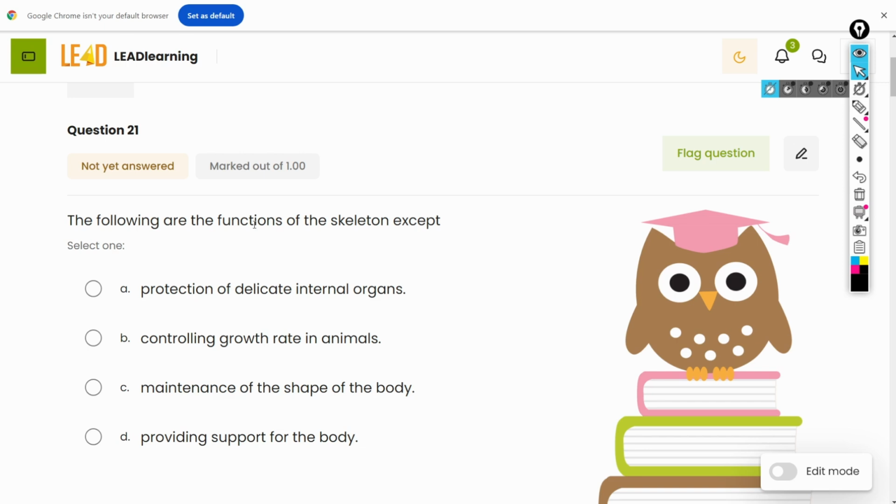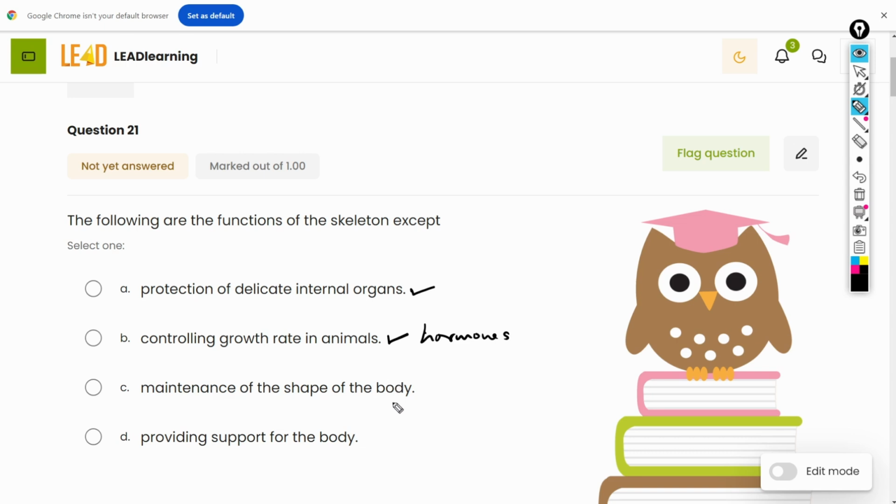Question 21. The following are the functions of the skeleton except: option A. Protection of delicate internal organs. Yes, the skeleton protects delicate internal organs. For example, the skull protects the brain, the rib cage protects the lungs. Controlling growth rate in animals. No, growth rate in animals is primarily controlled by hormones and nutrition.